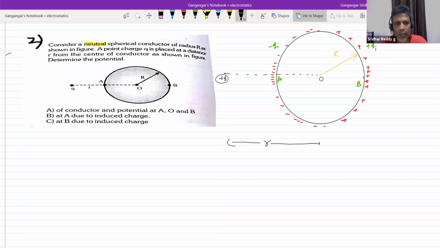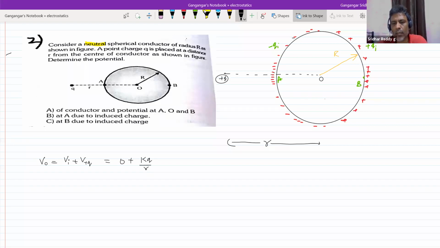Okay, let's come to that one. Potential at point O. It's due to what? Due to induced charge and due to point charge. Due to both of the things, no? So what is due to induced charge? It should be 0, no? Because what is the resultant charge on the surface of the conductor? Should be 0. Plus due to point charge, kQ by D. And we know the conductor is an equipotential.